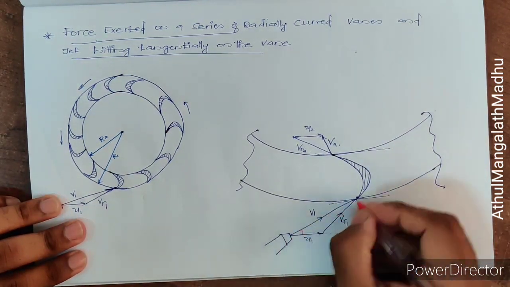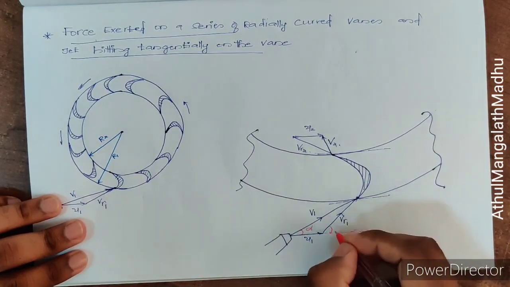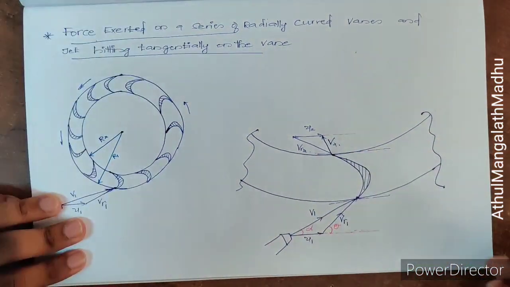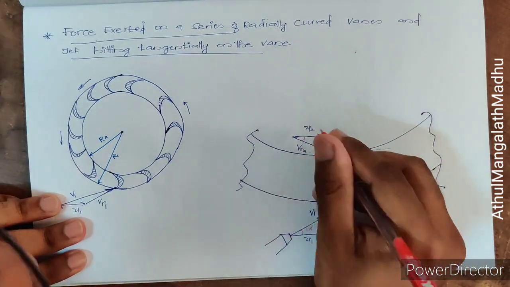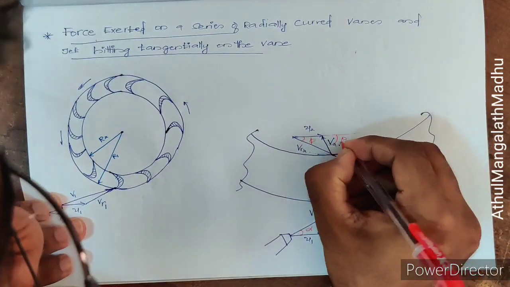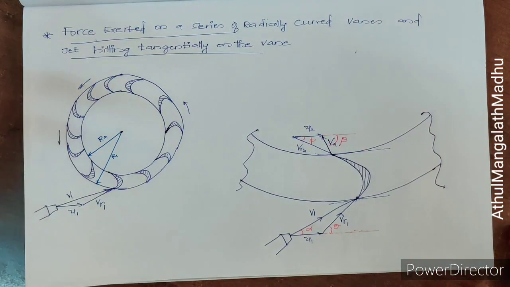The absolute velocity is making an angle alpha, and the relative velocity is making an angle theta. Similarly, I'll be extending this parallel to this tangent. This relative velocity is making an angle phi, while the absolute velocity is making an angle beta with that line. So these are the angles, and this is how it is working.